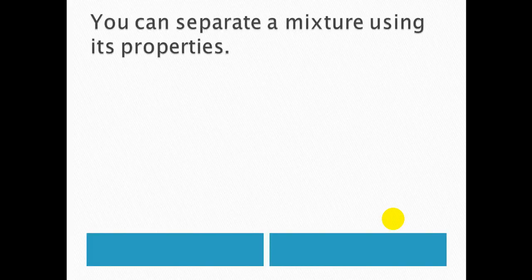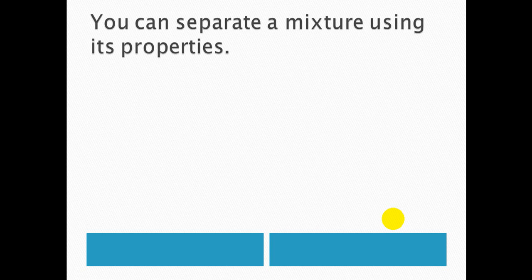Let's get started. As we studied last time, we have something called a mixture and another thing called a solution, and we studied the difference between both of them. And then we moved to another point, which is a physical property.